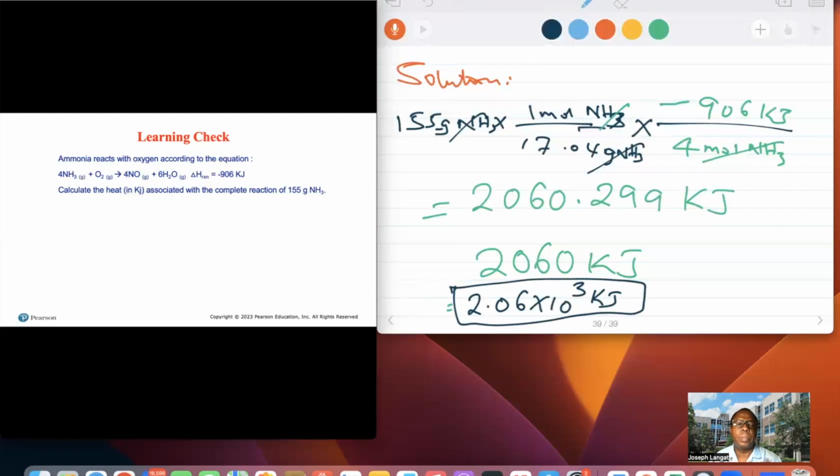All right. So remember, the thermochemical equation, you read it from the balanced equation. 1 mole of oxygen will produce this. 4 moles of that will produce. So depending on how the equation is structured, maybe here it will change to oxygen. So we're just going to focus on what is given in the problem.